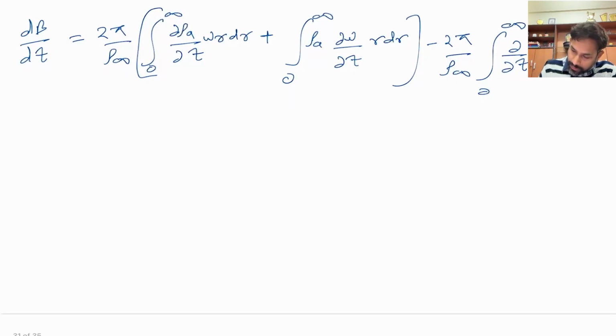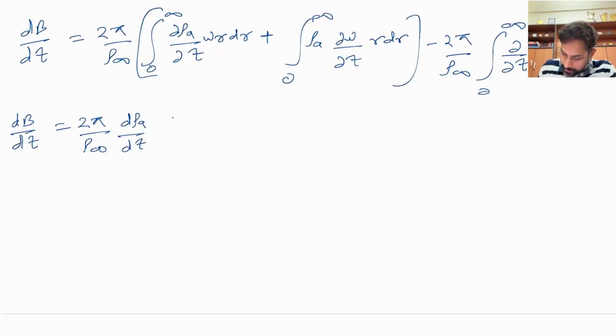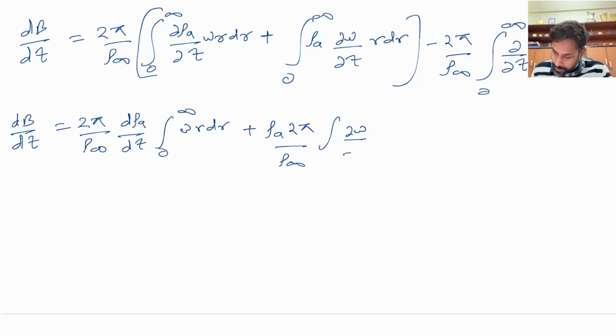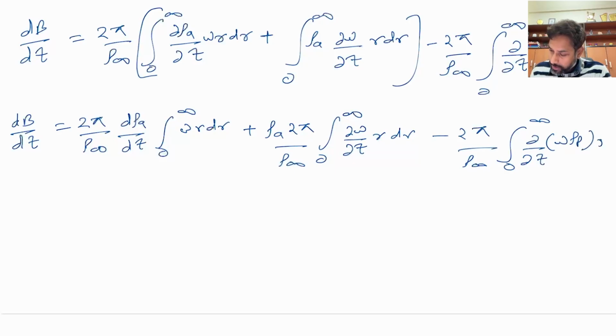So this equation basically becomes dB by dz equals 2 pi by rho infinity, d rho a by dz, integral from 0 to infinity of w r dr, plus rho a times 2 pi by rho infinity, integral from 0 to infinity of dw by dz r dr, minus 2 pi by rho infinity, integral from 0 to infinity of d by dz of w rho p r dr.